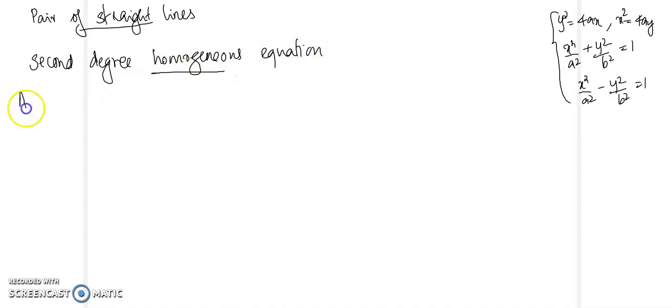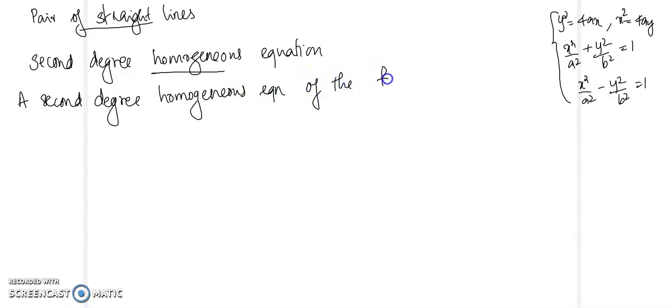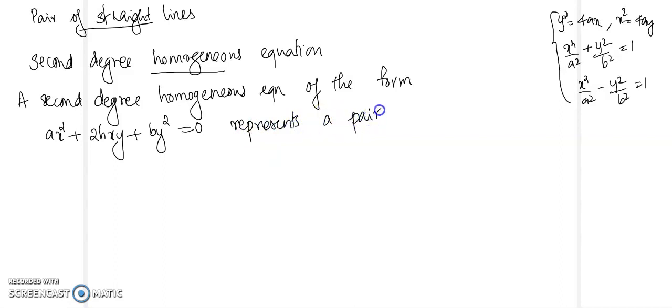A second degree homogeneous equation of the form ax square plus 2hxy plus by square equal to 0 represents a pair of straight lines through the origin.